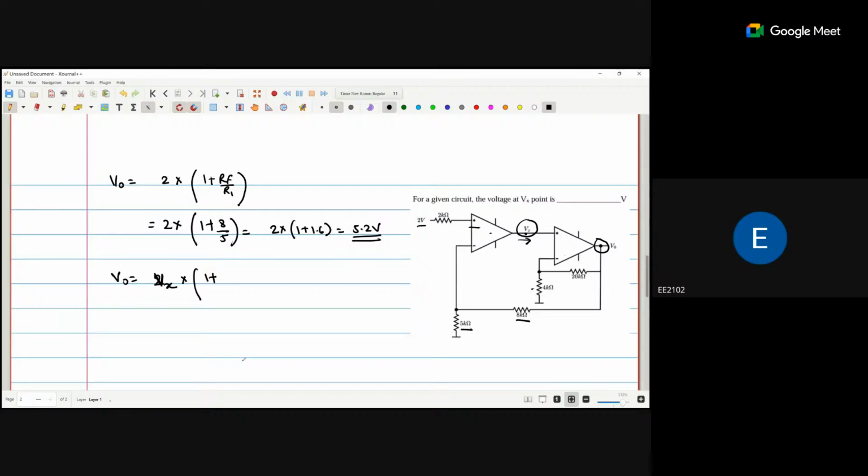RF is what? 20, and R1 is 4. So 20 divided by 4. Okay, and V naught is what? 5.2. So Vx times 6 is equal to 5.2 volts. So that means Vx is what? 5.2 divided by 6. So around 0.866 volt.